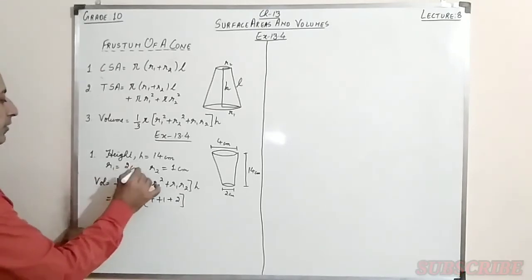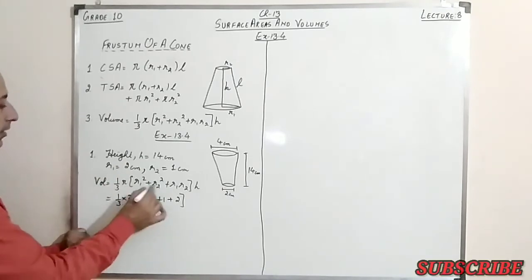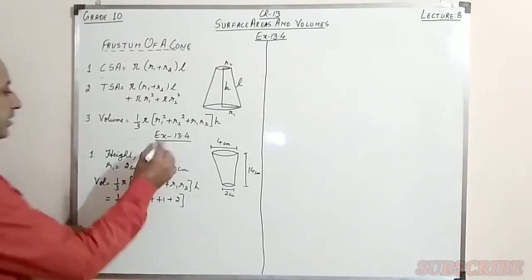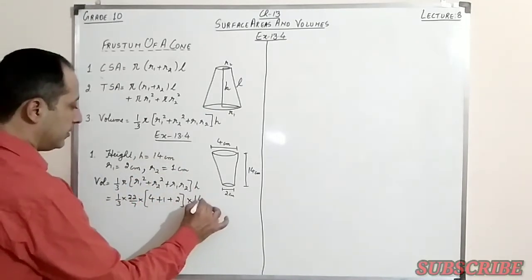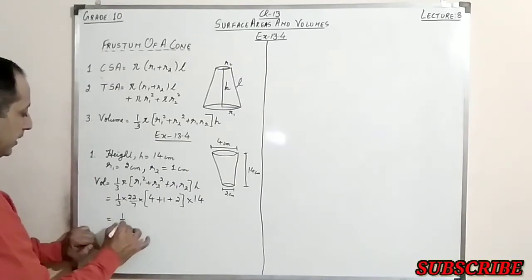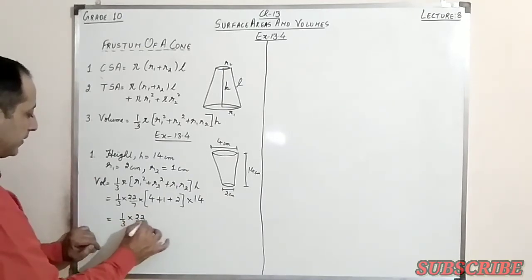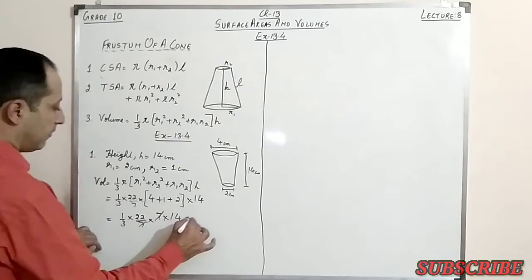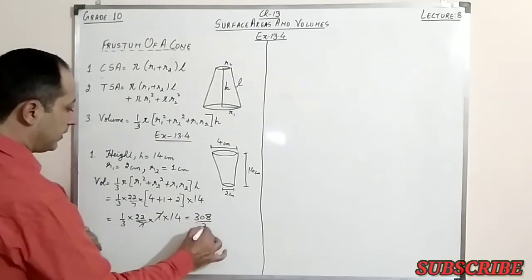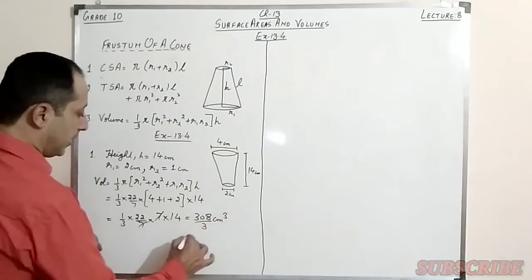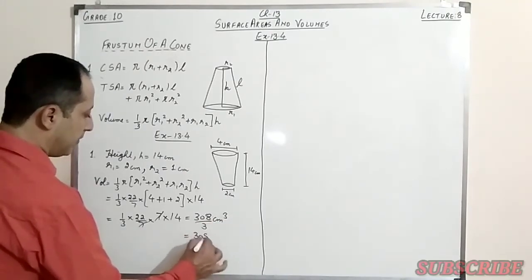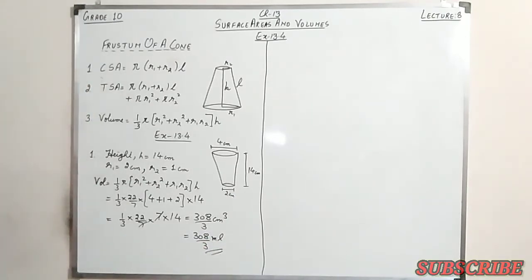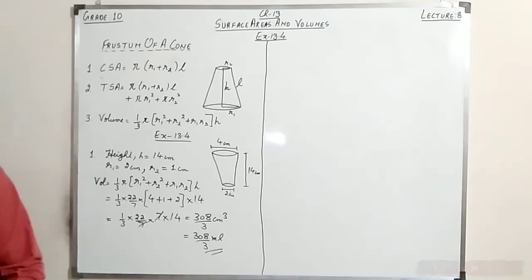So this is 1 by 3 into 22 upon 7 multiplied by 7 into 14. The 7 cancels, and we get 308 upon 3 centimeter cube. We can also write it as 308 upon 3 milliliters, because 1 centimeter cube is equal to 1 milliliter.